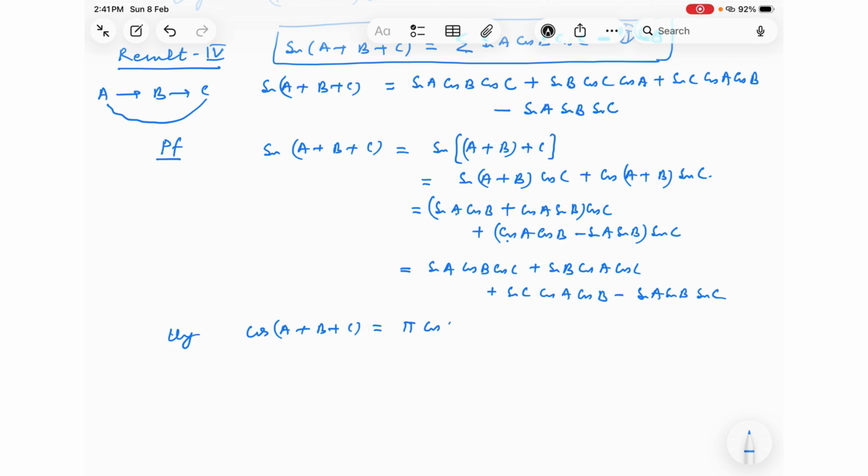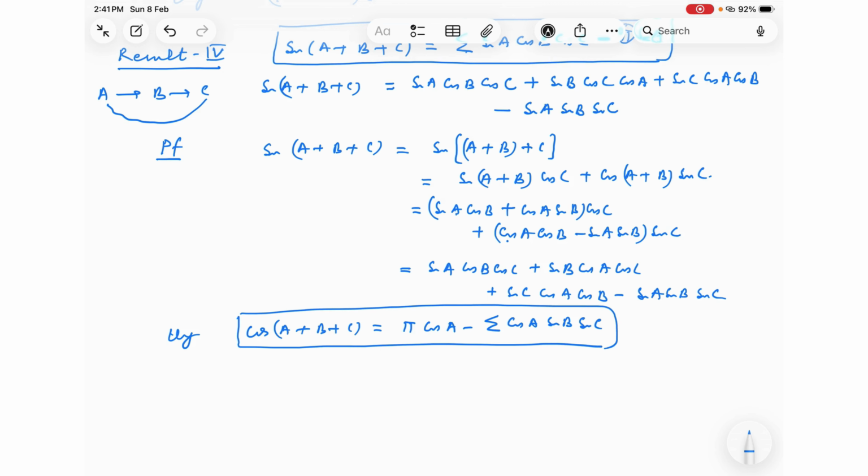The result is pi cos A minus sigma cos A sin B sin C. The proof is very similar to the proof of sine of A plus B plus C. Tan of A plus B plus C formula is always equal to sigma tan A minus pi tan A, divided by 1 minus sigma tan A tan B. This is the tan A plus B plus C formula.